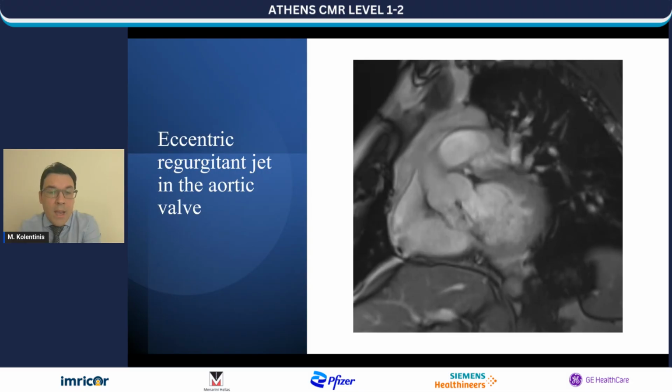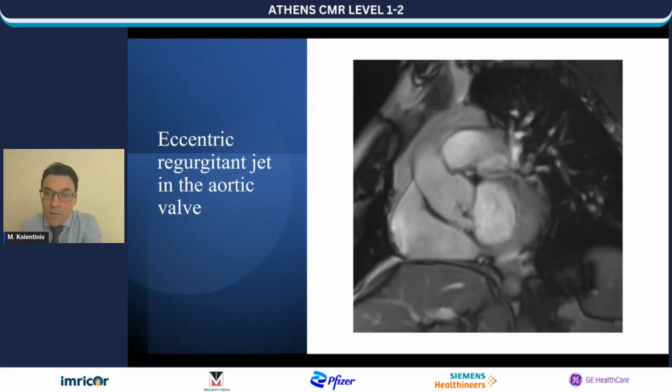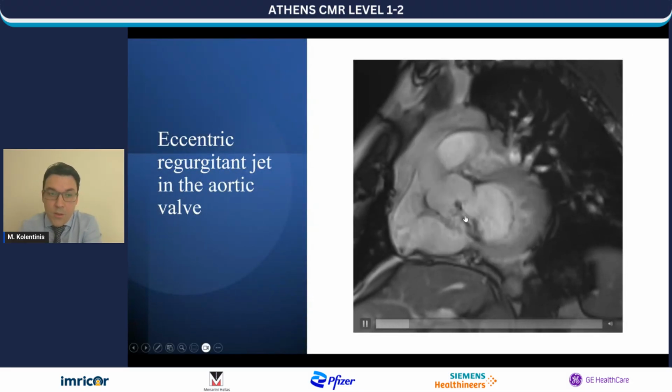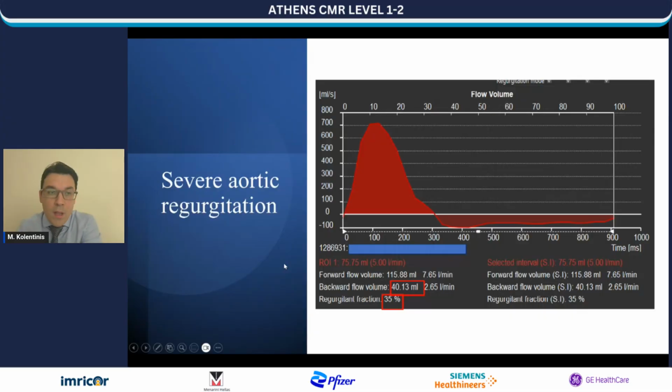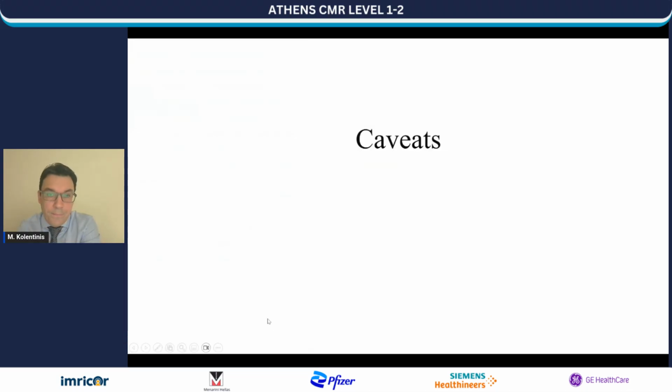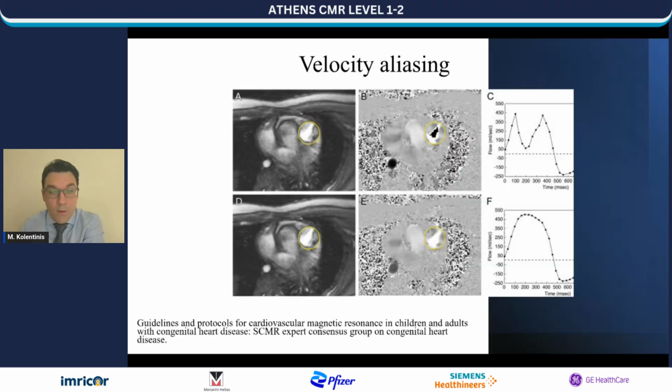And we can see that he has an eccentric regurgitation jet in the aortic valve. You can see it here. It destroys the magnetization. And it seems that this patient has severe aortic regurgitation with a regurgitation fraction of over 33%.